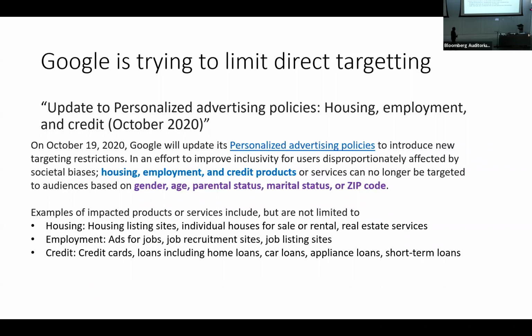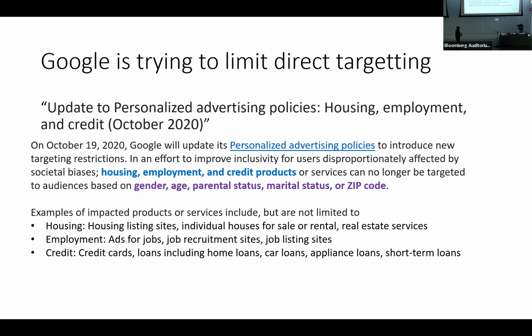And maybe far more recently, or later in the process than you might expect, Google, in reaction to papers like this, has somewhat limited targeting options that would be in violation of the laws, at least in the US. This is a blog post from October of 2020, so just about a year ago.